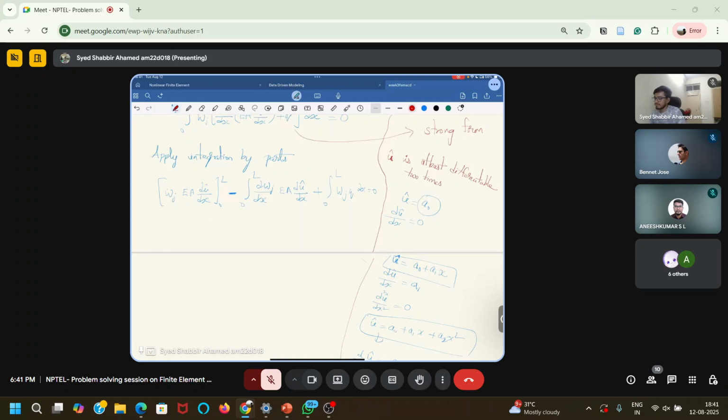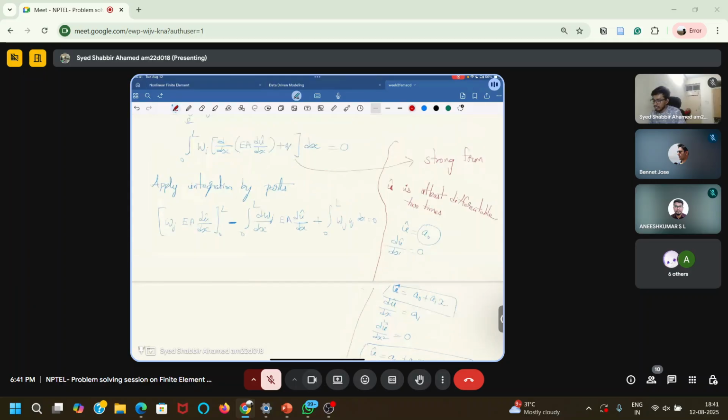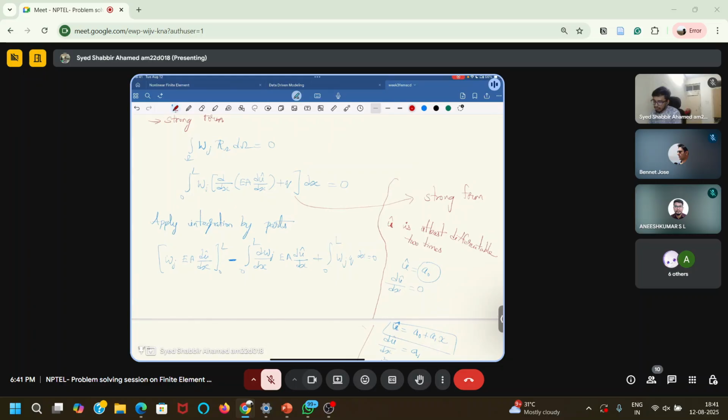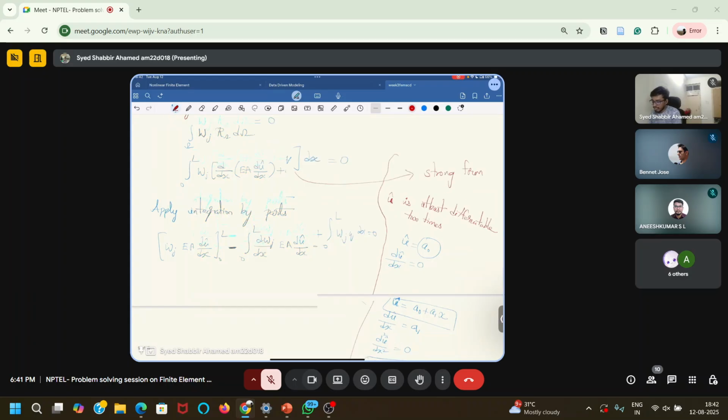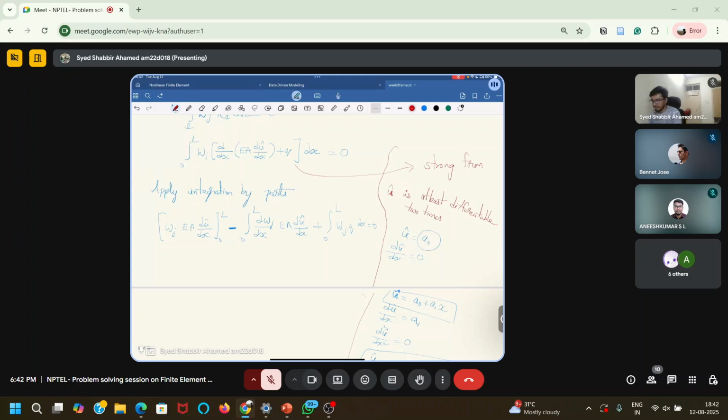Now you see here, just by integrating this strong form, if you look at the differentiation of u with respect to x in this whole equation, u has only one differentiation. In the strong form above, u was getting differentiated twice, but here it is getting differentiated only once.